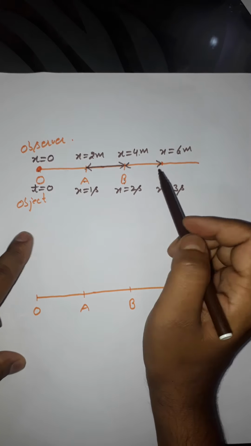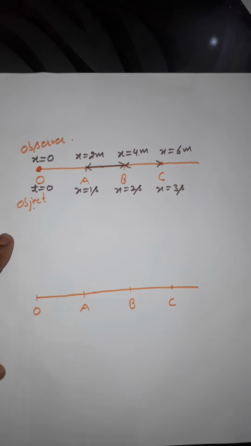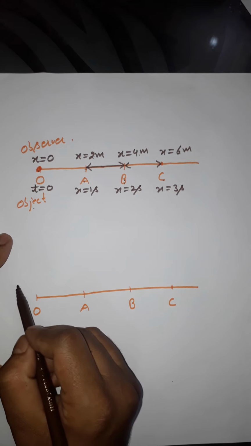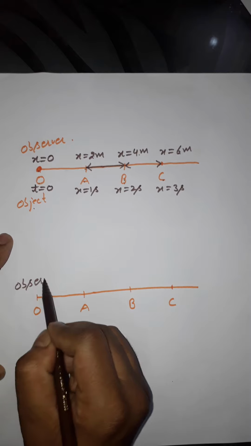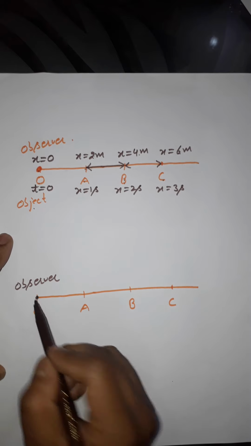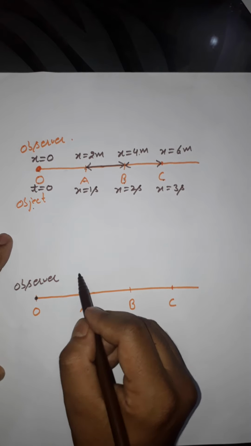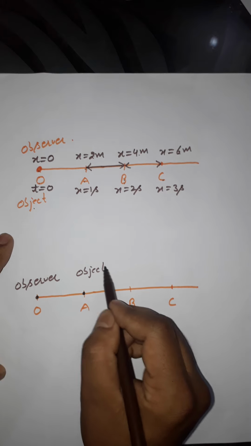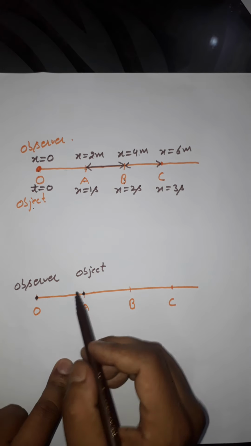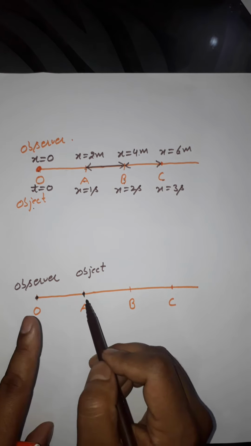But mind it, here the object and observer both are at the same point. Now in the second case, suppose the observer is at point O and the object is at point A. This object is under investigation.